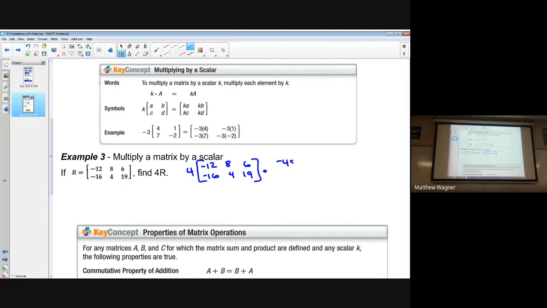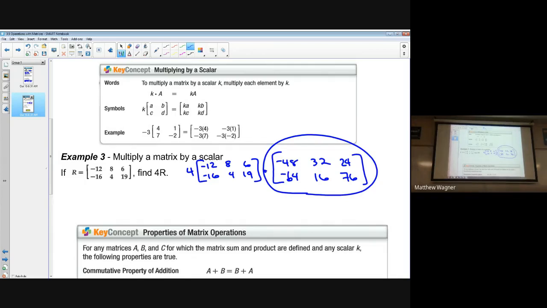So we have negative 48, 32, 24, negative 64. 4 times 4 is 16, and 4 times 19 is 76. And that's your answer with scalar multiplication.